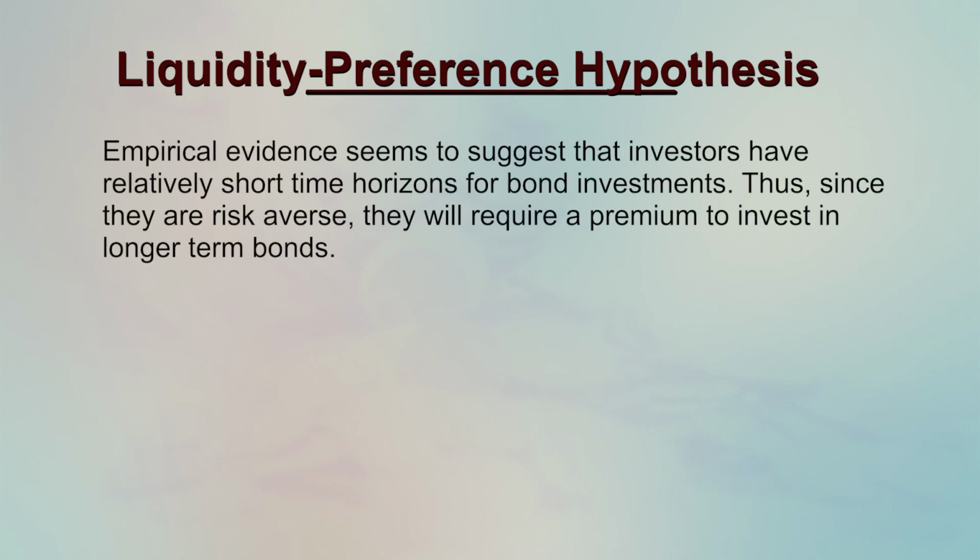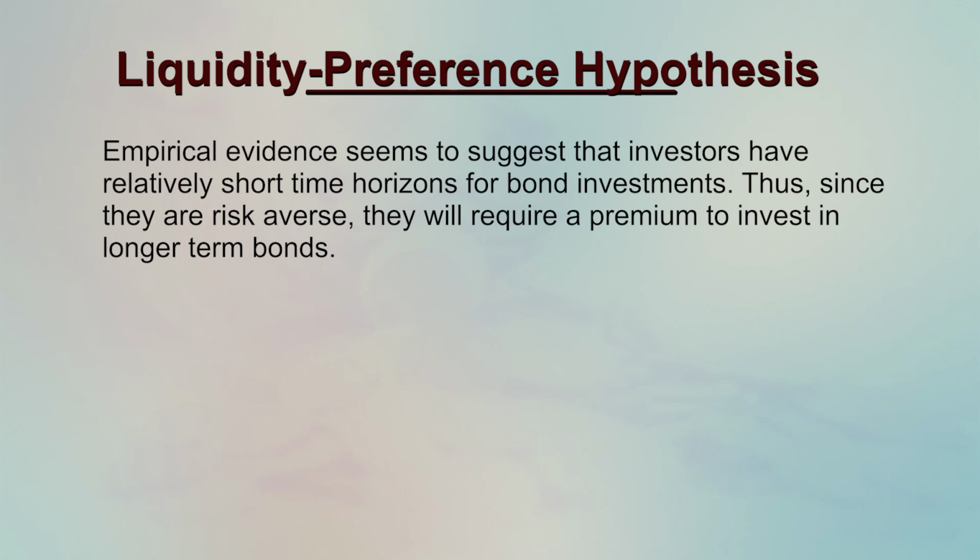This also boils down to the second important theory, called the liquidity preference hypothesis. By liquidity preference hypothesis, we mean a view based on empirical evidence and on individuals' preferences to invest: investors have relatively short time horizons for bond investments. Whenever they invest in a bond, they want the return over a short span, and thereby the time horizon is shorter.